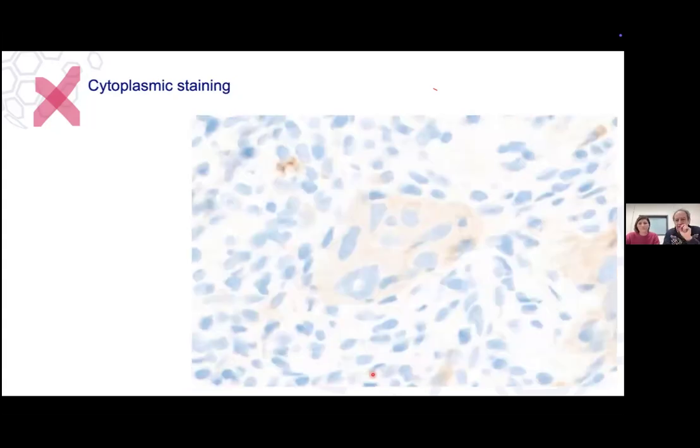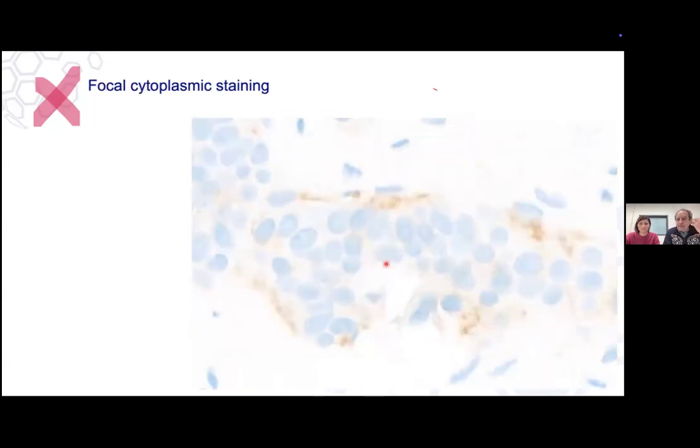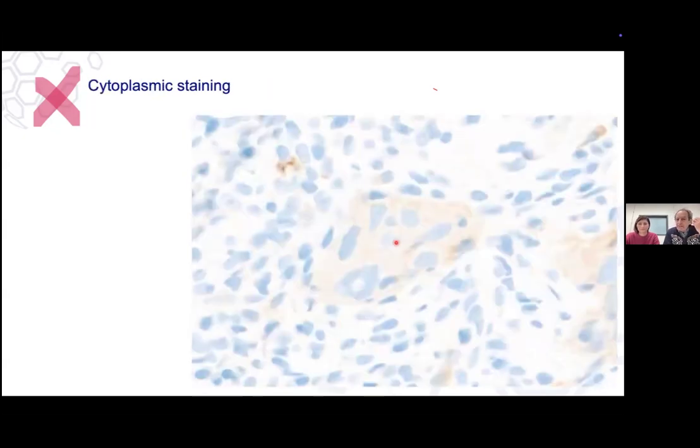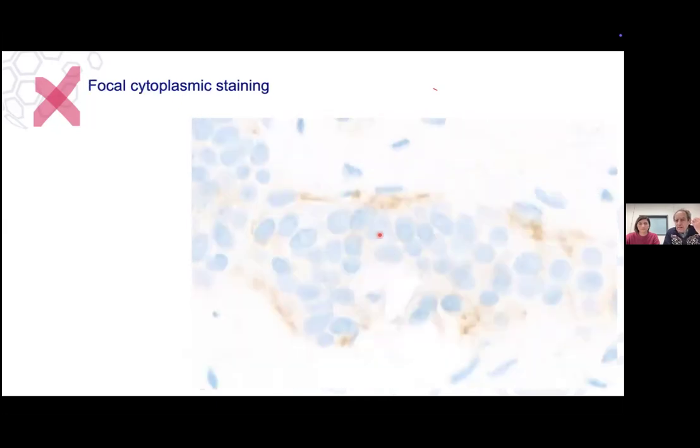So be careful. Sometimes cytoplasmic staining can be weak, but also recognize it as cytoplasmic staining. Cytoplasmic staining, in this case, is diffuse, but sometimes it's kind of focal, but it's still within the cell and it's fuzzy. This is not membrane staining.